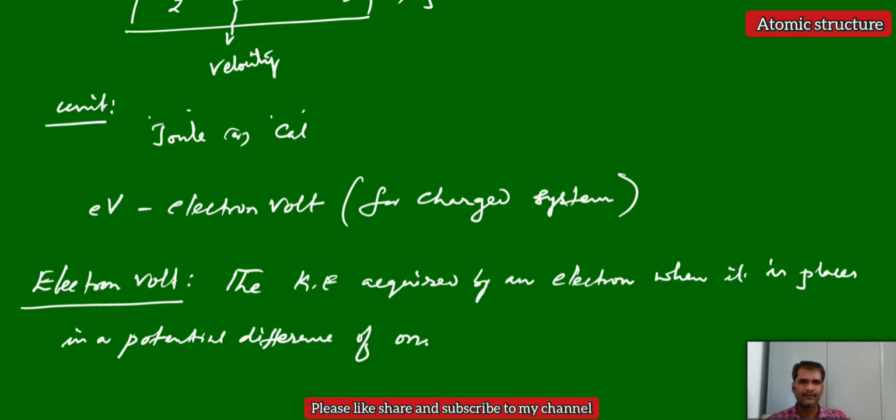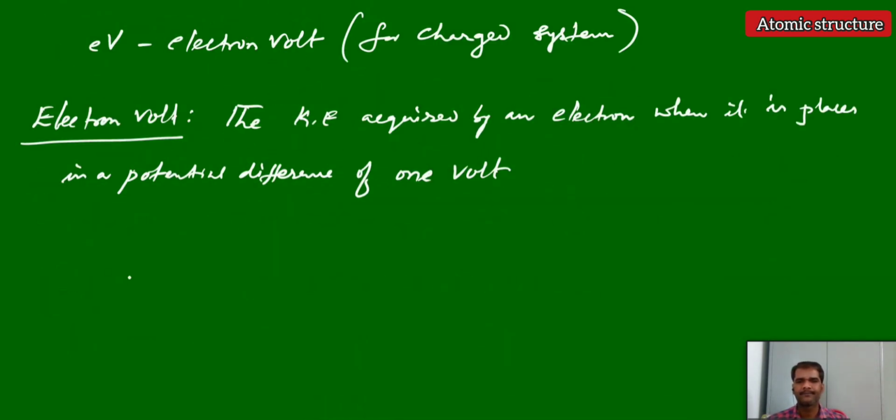That is called electron volt, eV. The kinetic energy acquired means, what is the formula for kinetic energy? Charge into potential. Here, what is the charge? A charge of 1 electron.